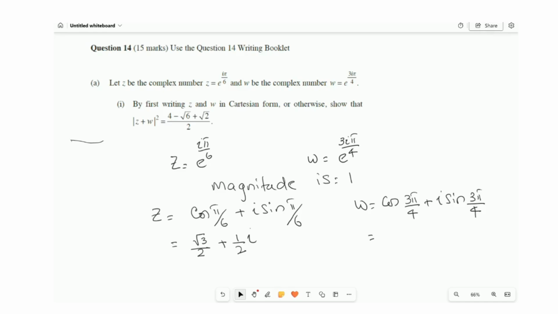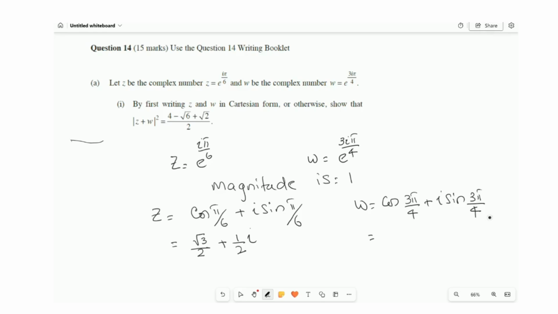Now this one, cos 3 pi by 4: 3 pi by 4 is in the second quadrant, therefore cos is negative, sine is positive. So cos 3 pi by 4 is equal to negative cos pi by 4.